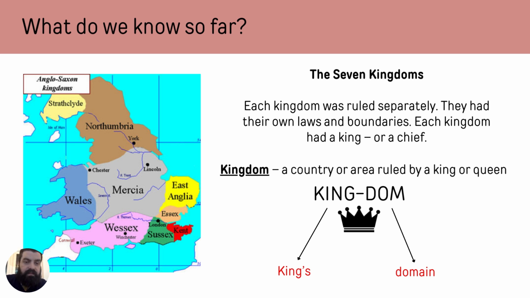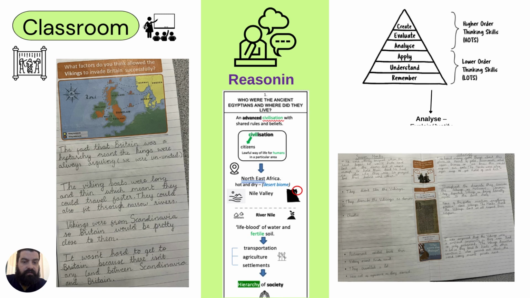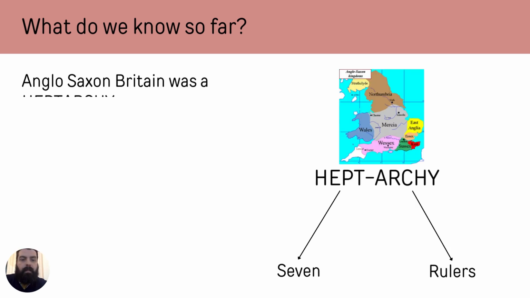This is a year 5 lesson, so I'm jumping back just to contextualize this retrieval task and this whole lesson. Then the fact that kingdoms: king meaning kings, dom meaning domain, so kingdom, the area in which a king ruled. Again, breaking that up and really getting to grips with the etymology and the definition of the word. And then, because Anglo-Saxon Britain was a heptarchy, hept meaning 7, archy meaning rulers, there wasn't that united front.